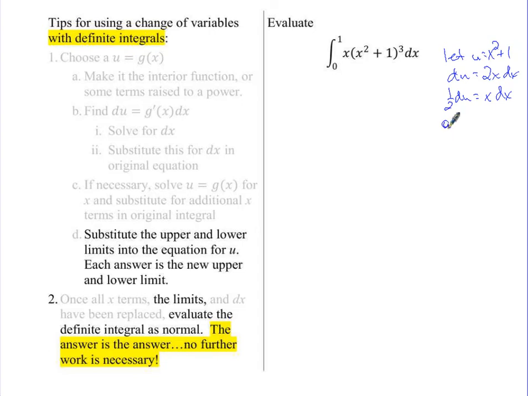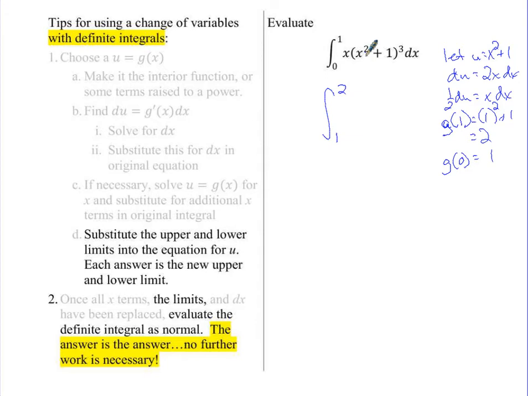You can write g of 1 equals 1 squared plus 1, so that would be 2. And then g of 0 equals 1. So my new upper and lower limits are 2 and 1.